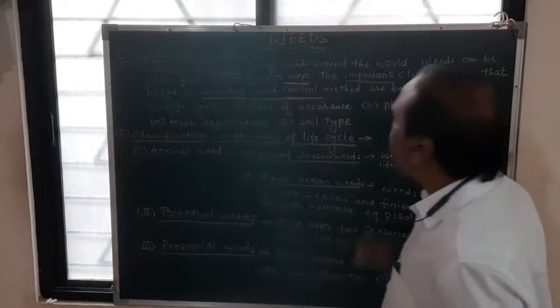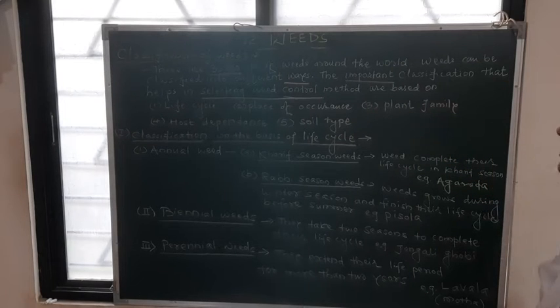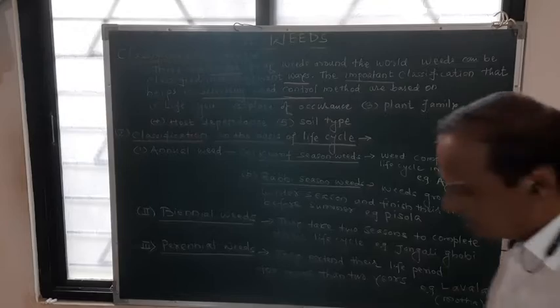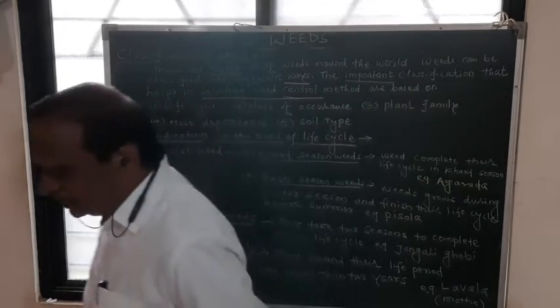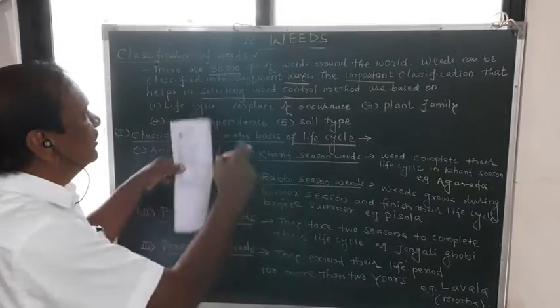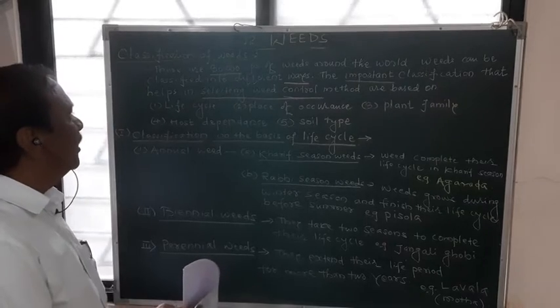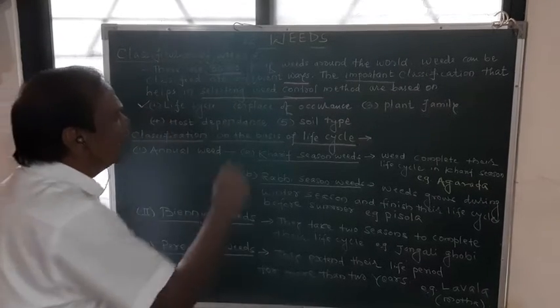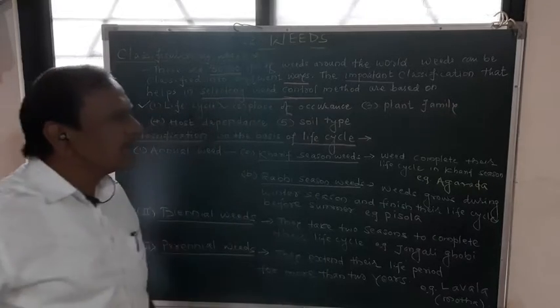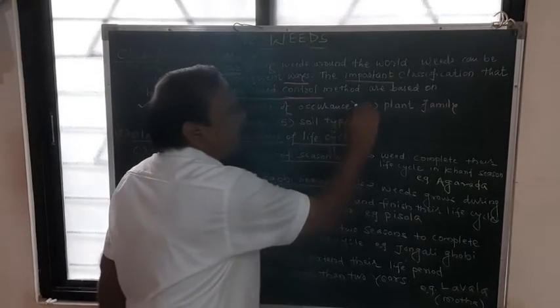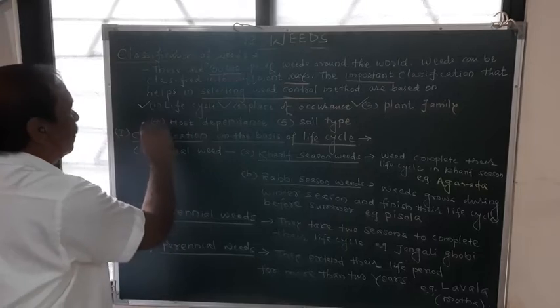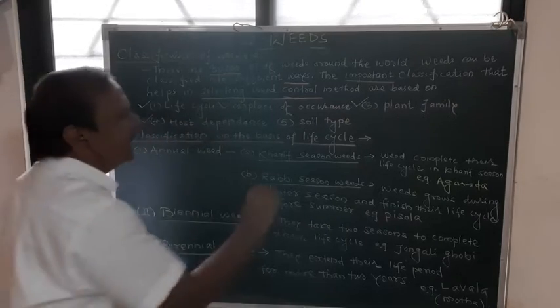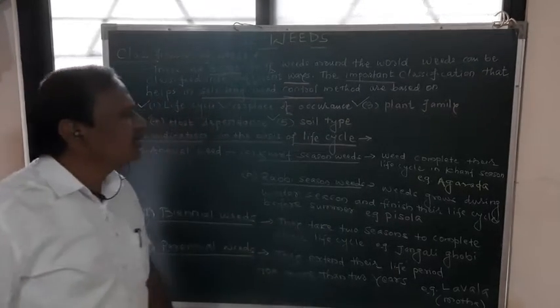This is important. Weed control methods are based on the following types. The classification is simply based upon number one, life cycle, number two, place of occurrence, number three, plant family, number four, host dependence, and fifth is the soil type.